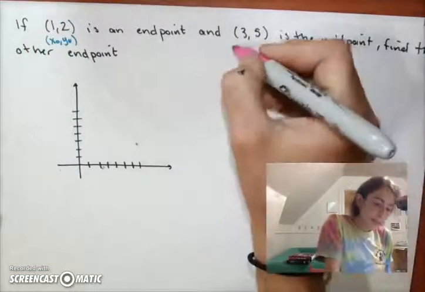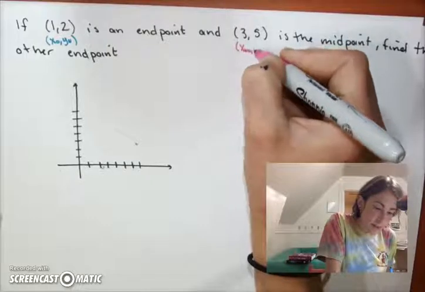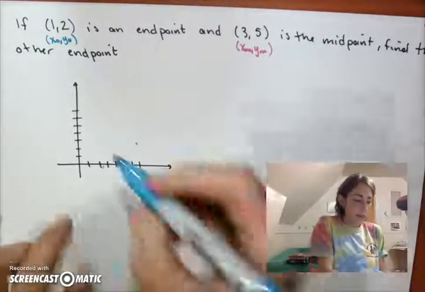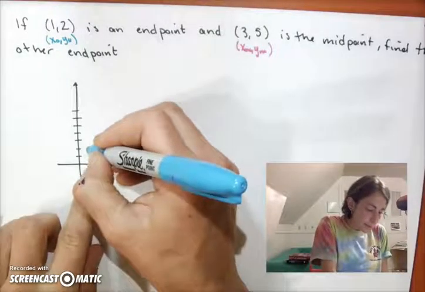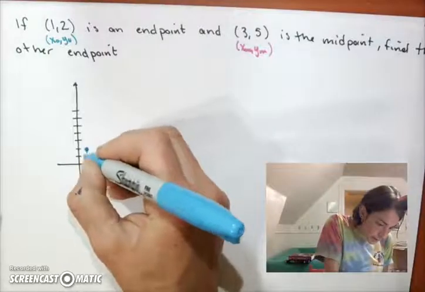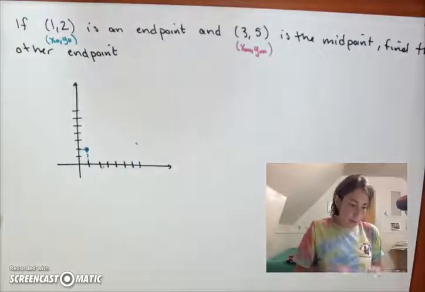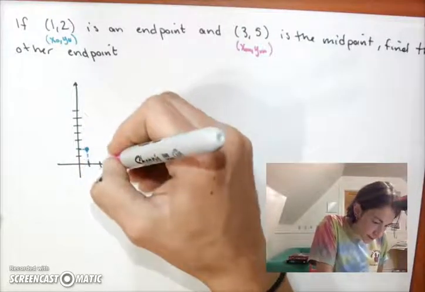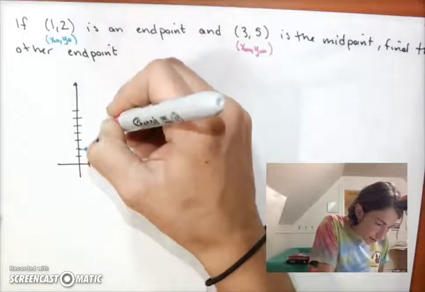This is my midpoint, so this is my xm, ym. And now I can plot those. So 1, 2 is my x0, y0. My xm, ym is at 3, 5.